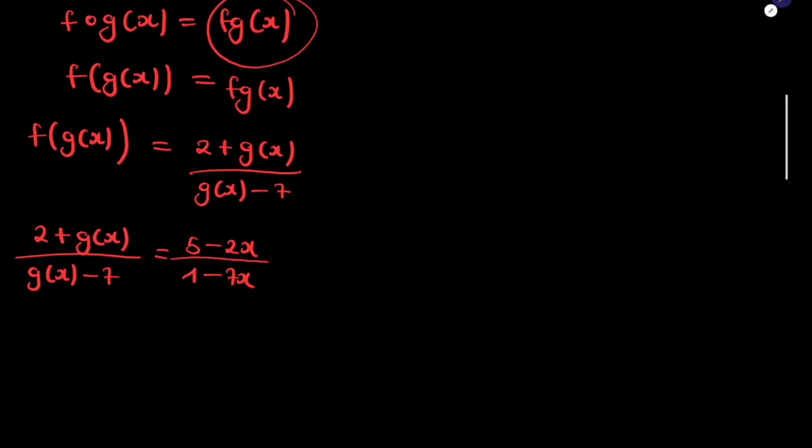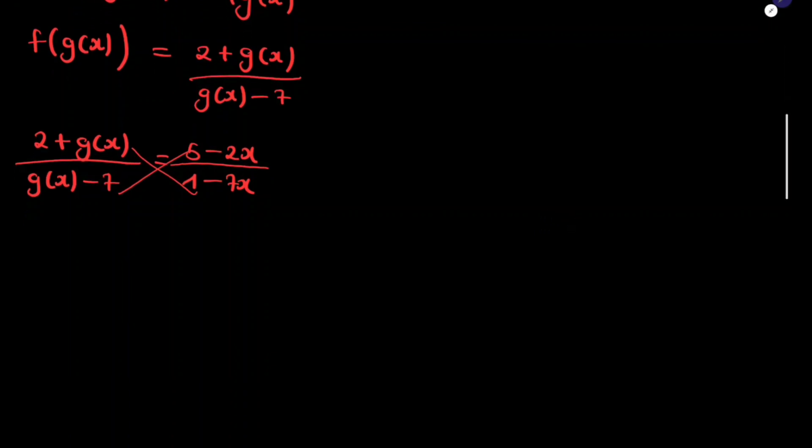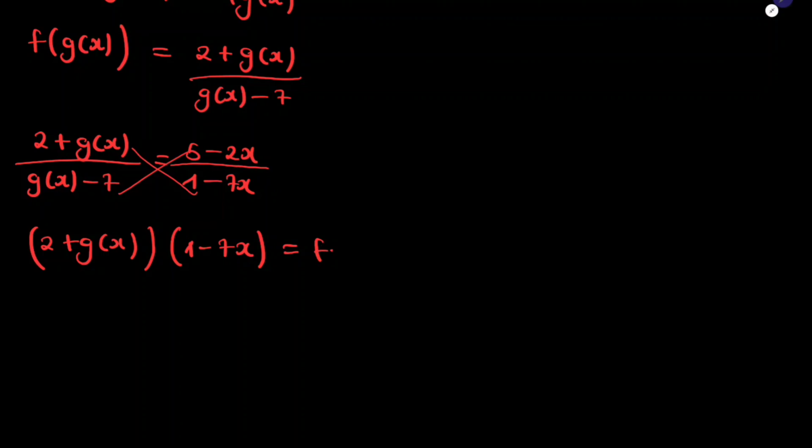Okay, so now we are going to simplify this. We are going to cross multiply. So we are going to have (2 + g of x) times (1 - 7x) equal to (5 - 2x) times (g of x - 7).